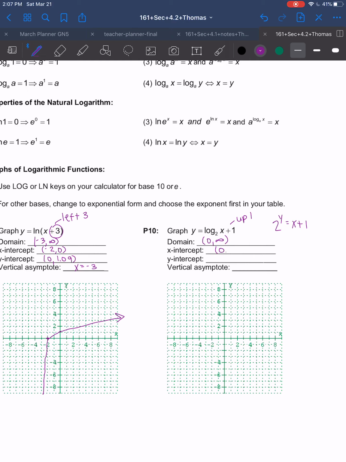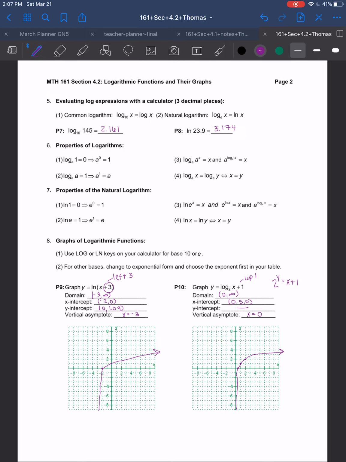And then there's not a y-intercept because your vertical asymptote is x equals 0. So that's how you do that.